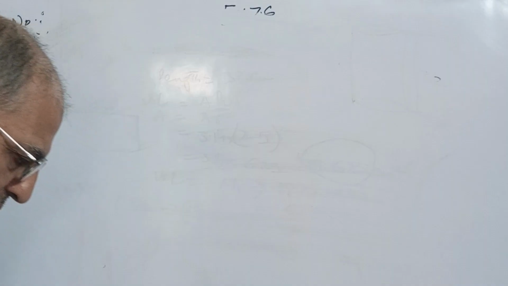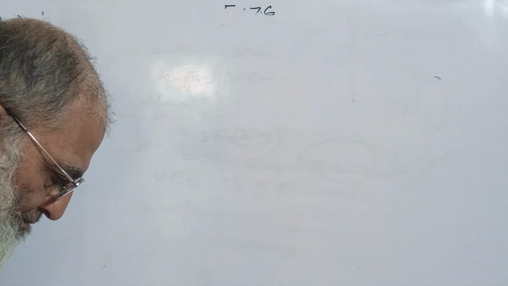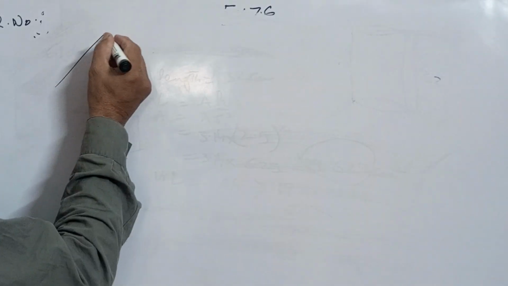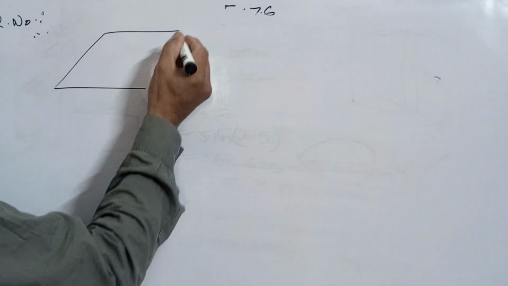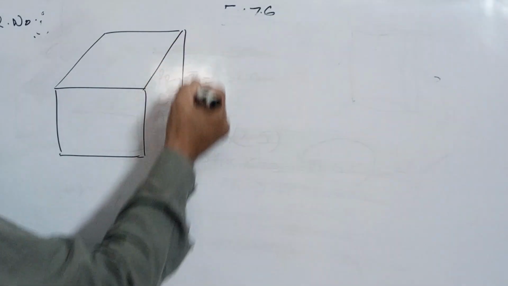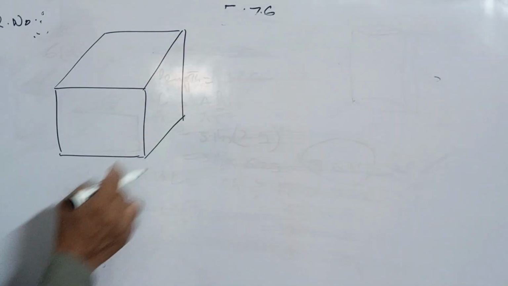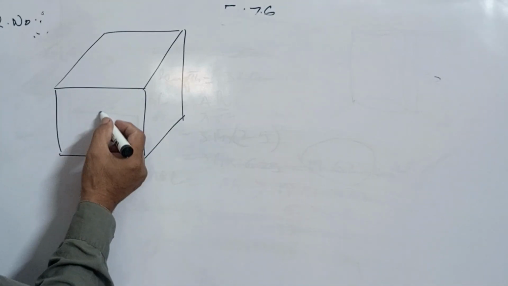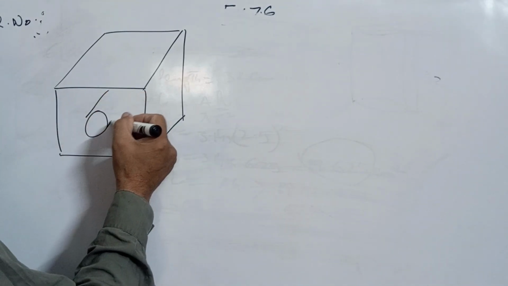Calculate the volume of the glass required to make the clock case. So it is a cuboid made out of glass, and one cylinder has been cut from this.